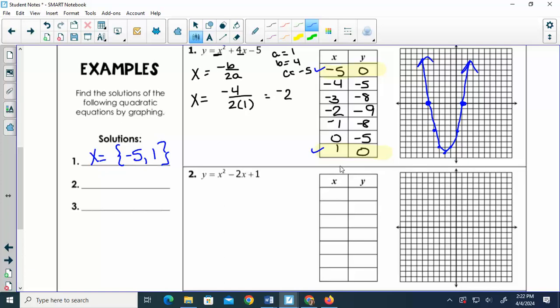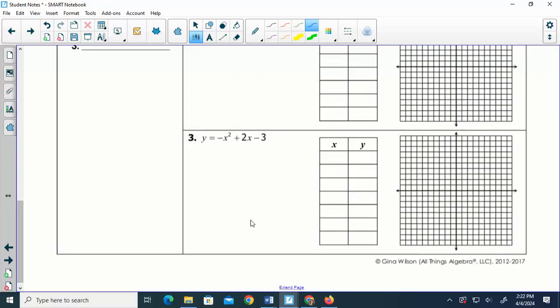Let's try another one. Let's go to, do you guys care if I go down to example 3? Okay. So opposite of b over 2a, what's my a? -1.